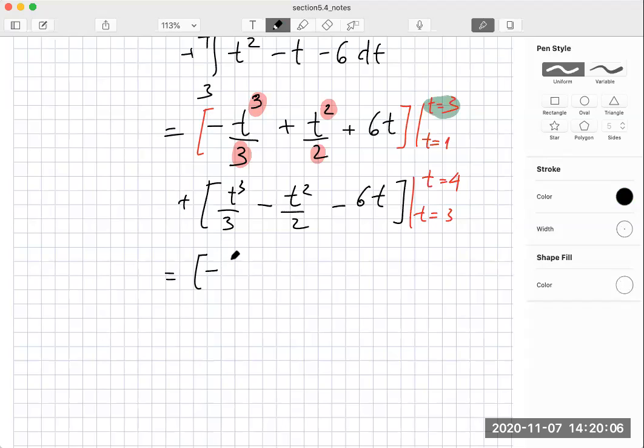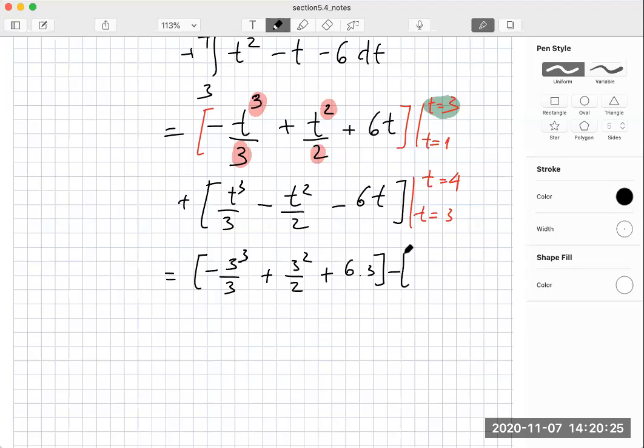Therefore, it will be 3 cubed divided by 3 plus 3 squared divided by 2 plus 6 times 3, the whole thing, right?